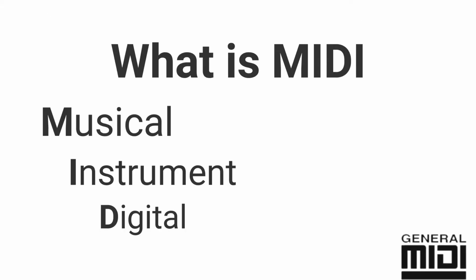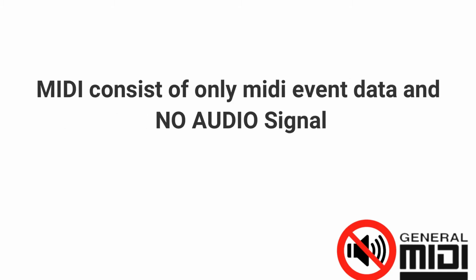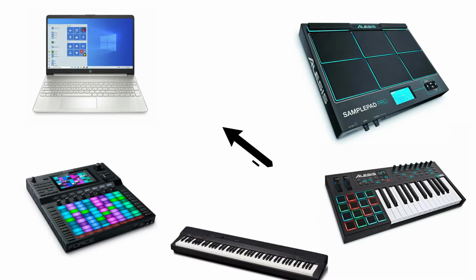Okay, what is MIDI? MIDI stands for Musical Instrument Digital Interface. The MIDI signal consists of only MIDI data or MIDI event data and does not consist of any audio signal. To be more precise, it is basically a language by which various musical instruments communicate with each other.